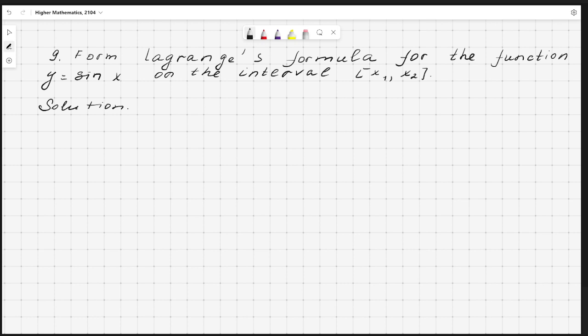I remind you of Lagrange's theorem, firstly.